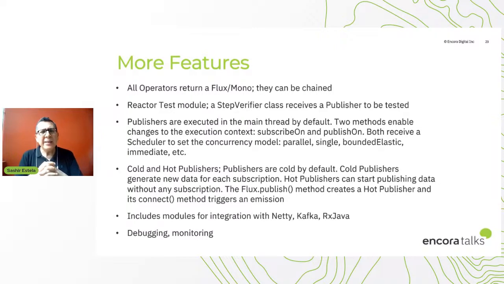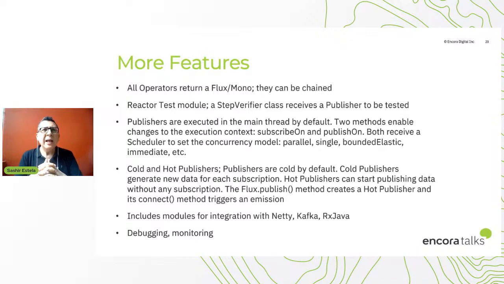Project Reactor has some modules to support testing. Publishers are executed by default in the main thread, but we have scheduler objects in order to work in different threads. Okay, we can also create cold and hot publishers.